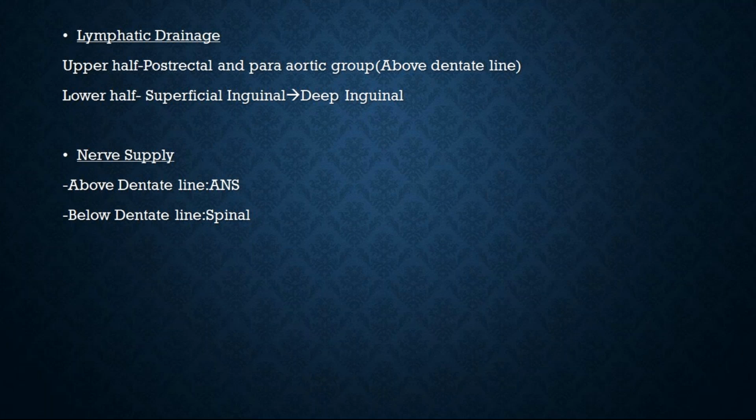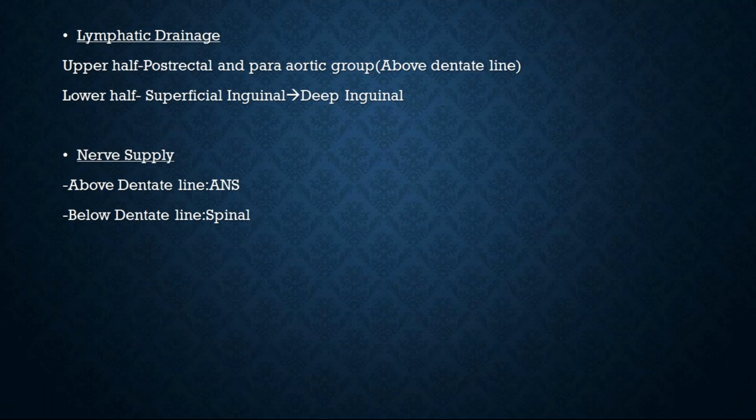Next, nerve supply also, above the dentate line and below the dentate line. Above the dentate line, it is supplied by the autonomic nervous system. So it is very important. Above the dentate line, if you cut, or put some cautery or diathermy, or if any foreign body is placed or incised, anything you injure, there will be no pain, because it is supplied by the autonomic nervous system.